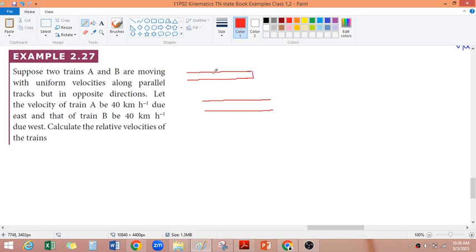One train is going this way, let's call it A, and another train is going the other way, let's call it B. Let the velocity of train A be 40 km per hour due east, and B is due west, 40 km per hour.